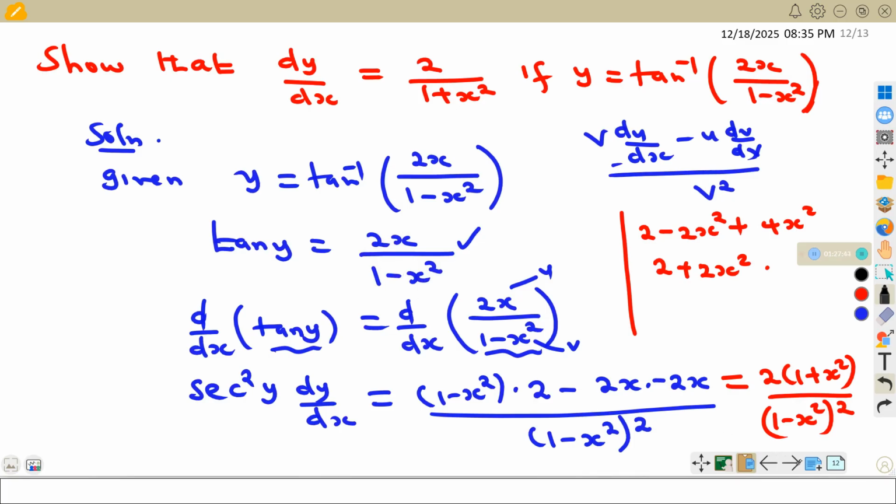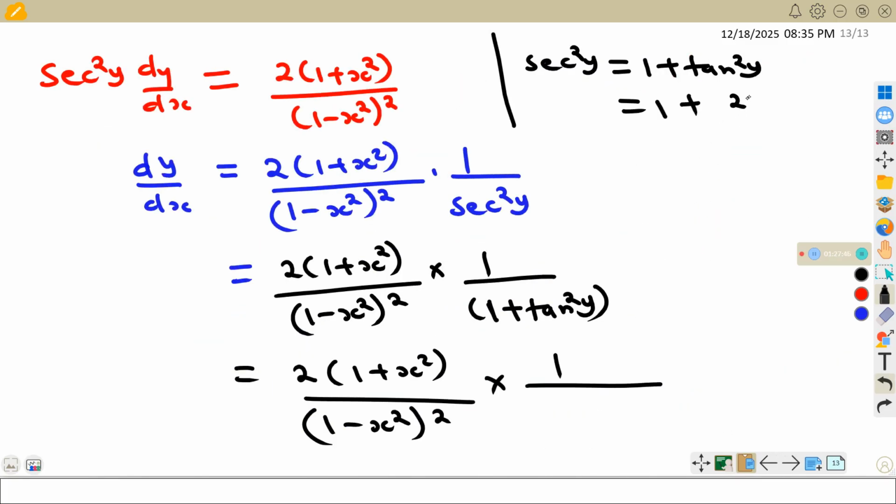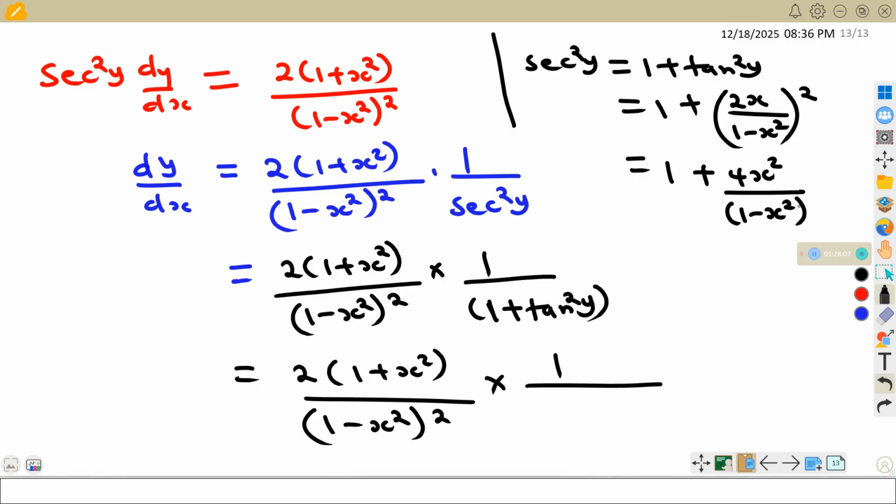So I want us to have it as 1 plus 2x over 1 minus x squared, the whole of this squared. I want us to simplify that. So this will be 1 plus, this is squared, so that is 4x squared. This one here is 1 minus x squared, also squared.